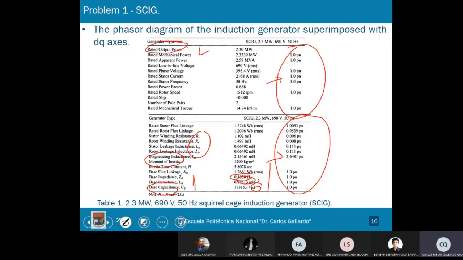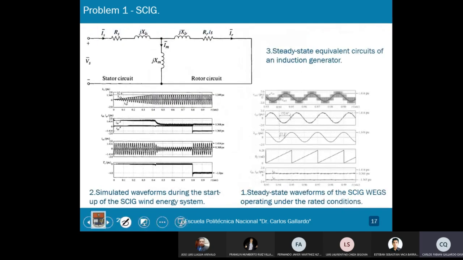With these bases, I will get the following per unit values for the squirrel cage induction generator. For this problem, these are the steady state waveforms of the 2.3 megawatt squirrel cage induction generator, where the output voltage is 690 volts, operating under the rated conditions.